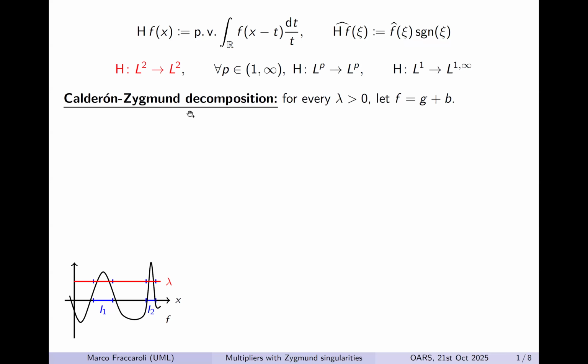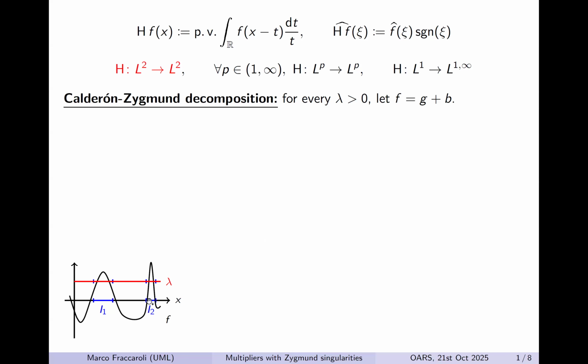And the proof requires the introduction of a powerful tool, the so-called Calderón-Zygmund decomposition. And if you're not familiar with this, the way it works is that we start with a function f, and we want to decompose it into two parts, a good part G and a bad part B, according to an auxiliary level lambda.